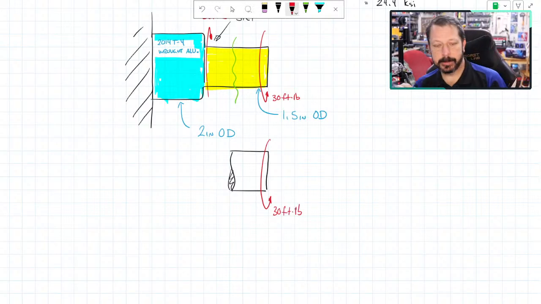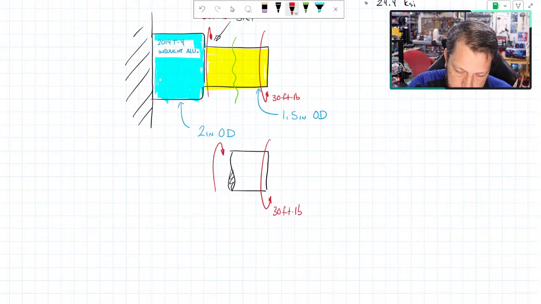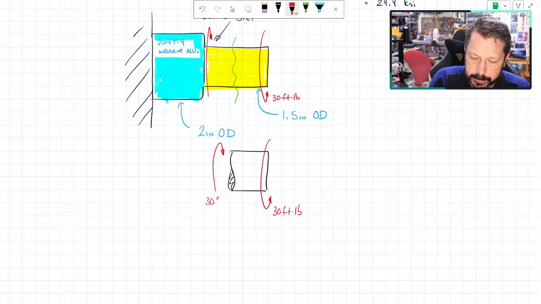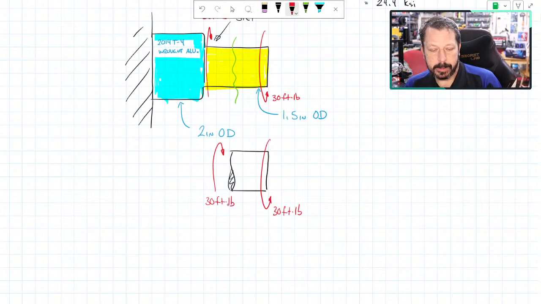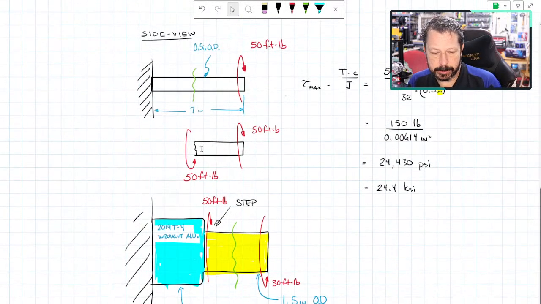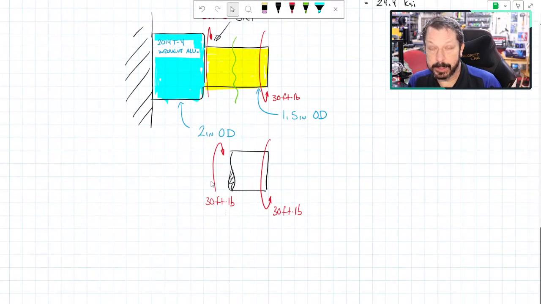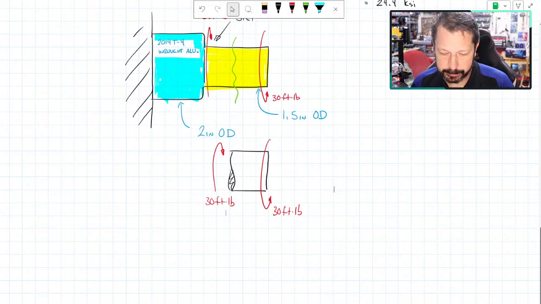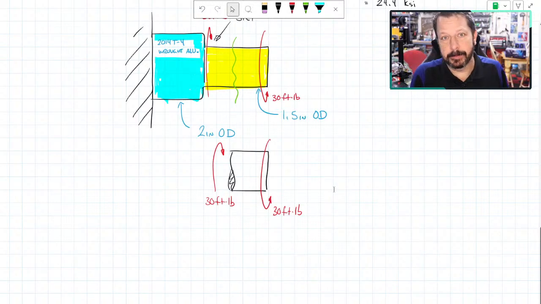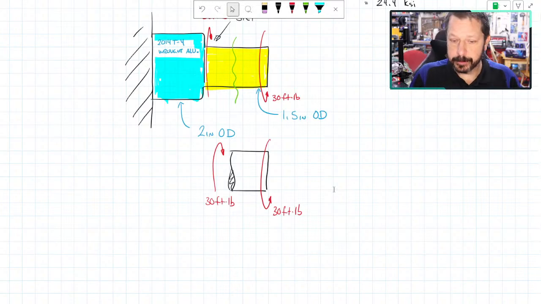So for that yellow piece to be in equilibrium, I must have 30 foot-pounds going this direction. Whether that's positive or negative is up to you. We can call that one negative because last time we called this direction positive, so this direction would be the opposite of that. It doesn't really matter as long as you're consistent in the same problem. You don't have to be consistent across problems necessarily.